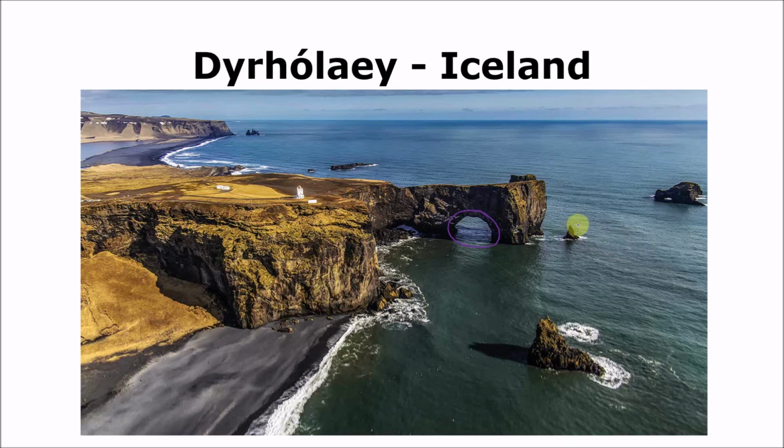We can see a little stump here, we can see a stack here in the foreground as well, and in the background of that photo you can also see another little set of stacks there. So we find these landforms wherever we have headlands, and the wave energy is concentrating itself around those headlands as a result of wave refraction.